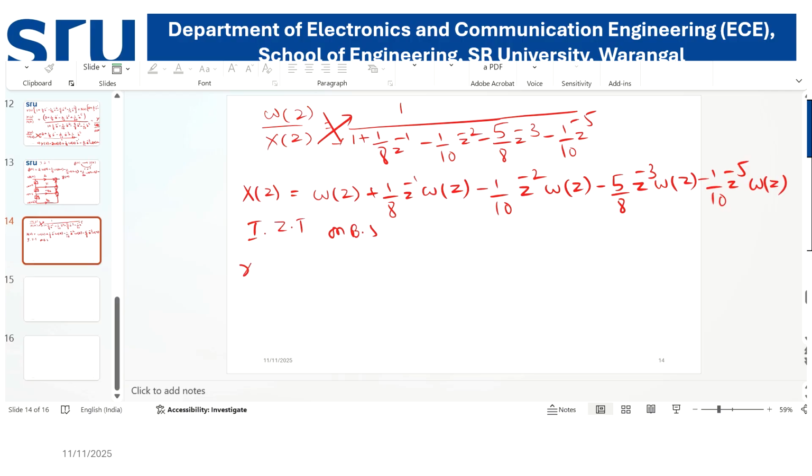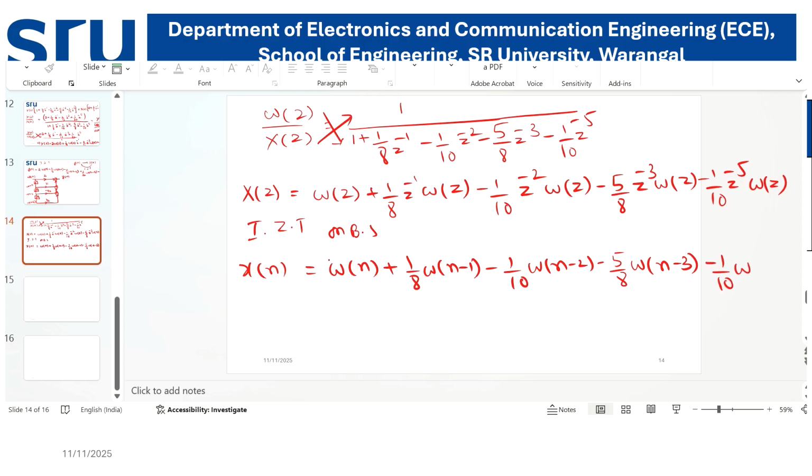Then x of z becomes x of n is equal to w of n plus 1 by 8 w of n minus 1 minus 1 by 10 w of n minus 2 minus 5 by 8 w of n minus 3 minus 1 by 10 w of n minus 5.